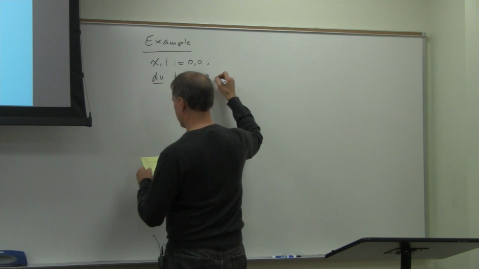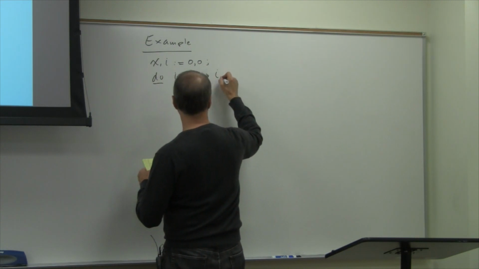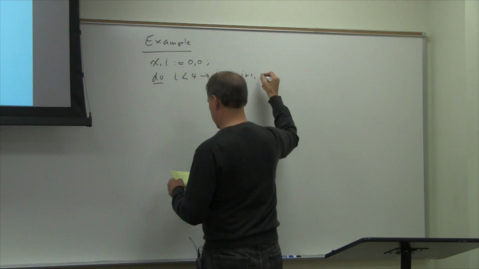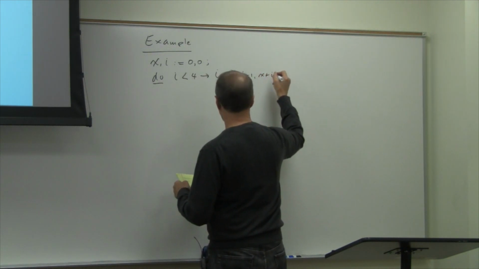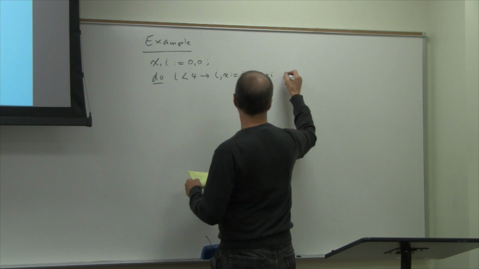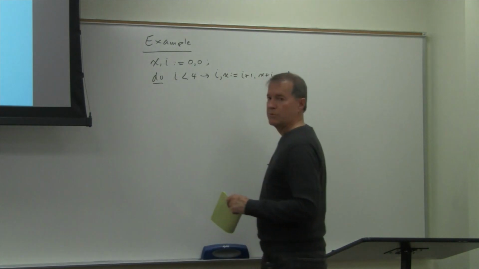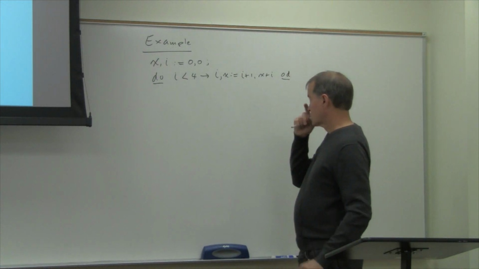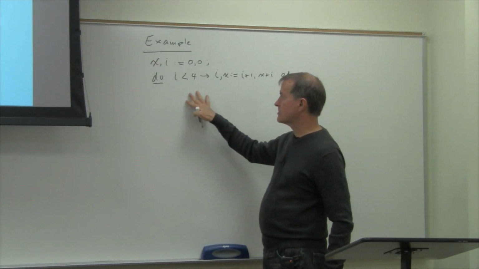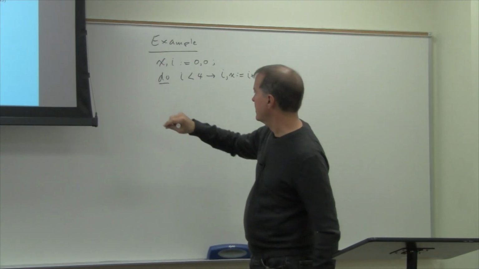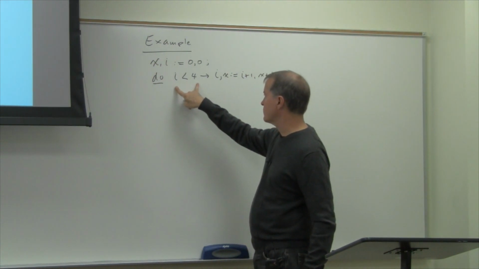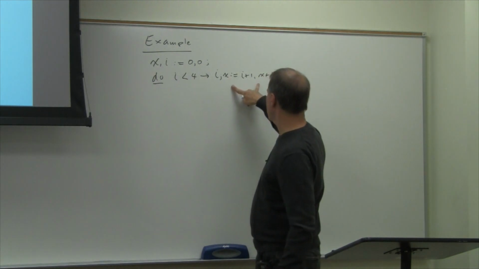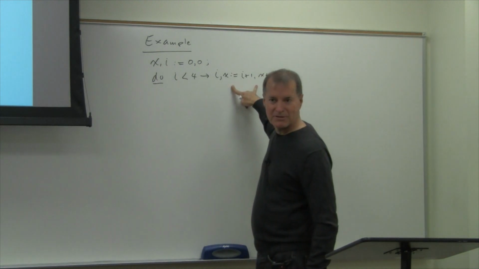So if i is less than 4, we're going to have i, x gets i plus 1, x plus i, and then the od. So everybody understands, comparing this with P.28, that in this statement, i less than 4 is the guard. So this is the guard B, and this is the statement S. Are you with me? Yeah?